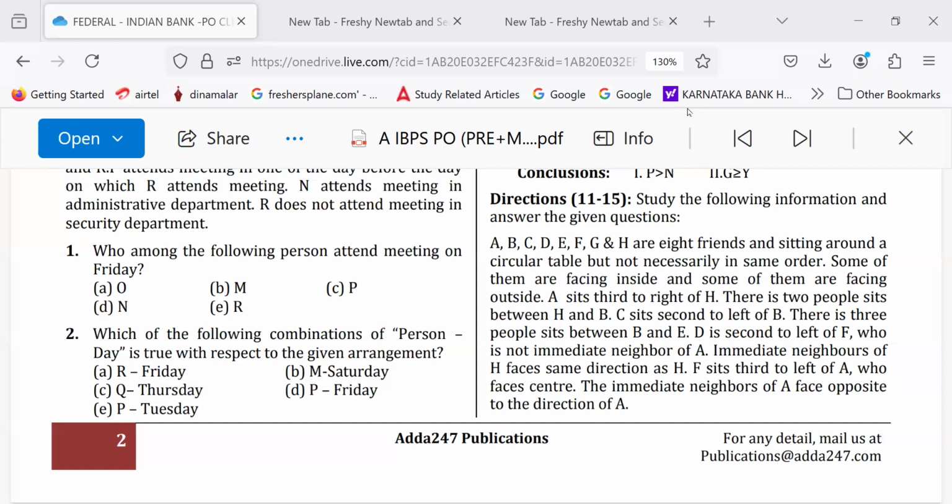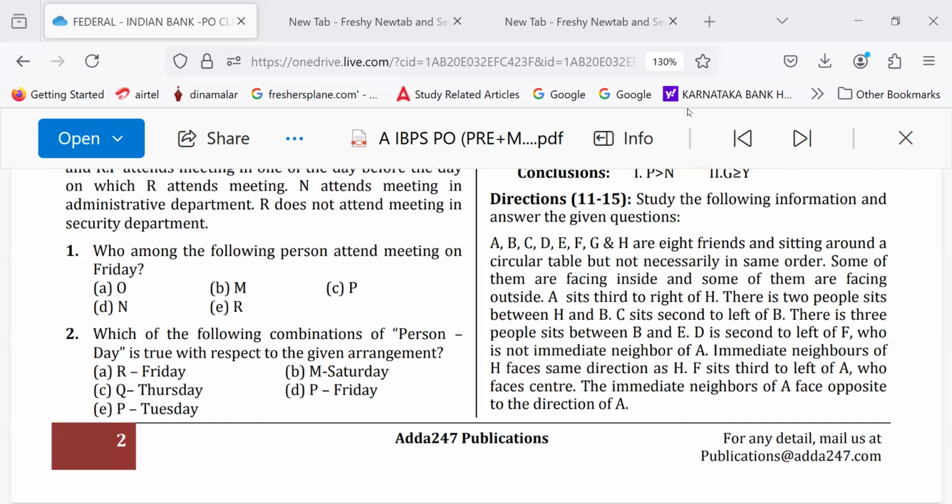Then F is sitting third to the left of A. The immediate neighbors of A face opposite direction. That means the persons sitting on the left and right of A are facing outward. This much information is available for us.